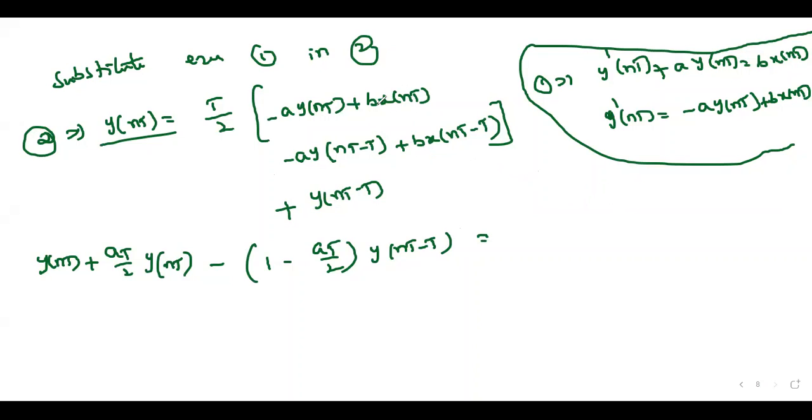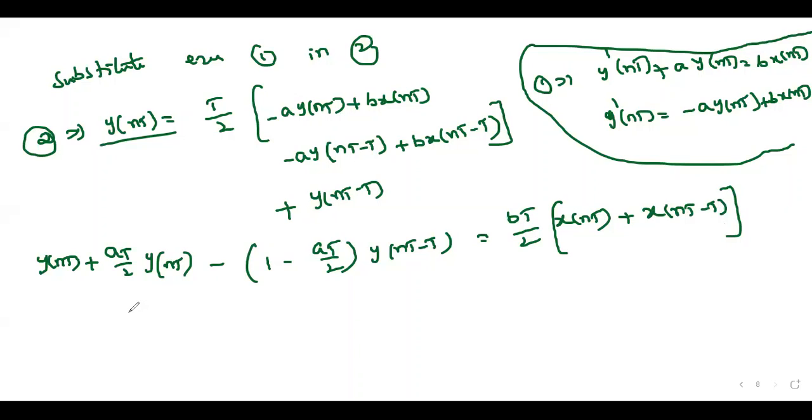The first term is x of nT, only one term, with the coefficient bT by 2, x of nT. And the second term is x of nT minus T with the coefficient b again, so again the same coefficient bT by 2. So it is x of nT minus T.